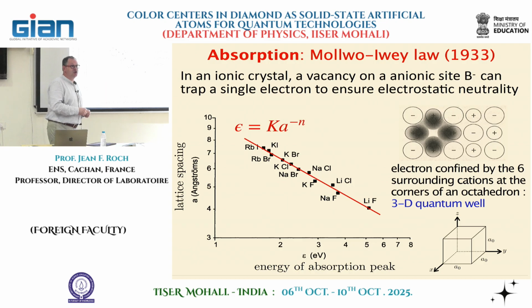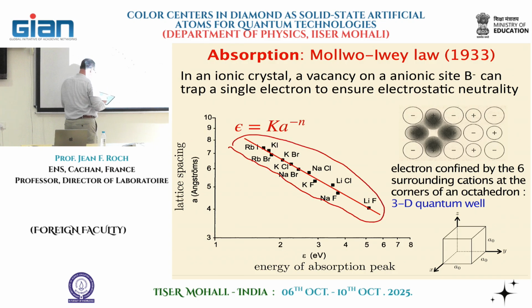And basically, there was a law that appeared. If you look at all the crystals that you can produce in this system, depending on the lattice spacing, which is here in angstroms, you see that the confinement, which is modified, will lead, as we know from quantum mechanics, to different energy differences between the levels of the electron in the box.